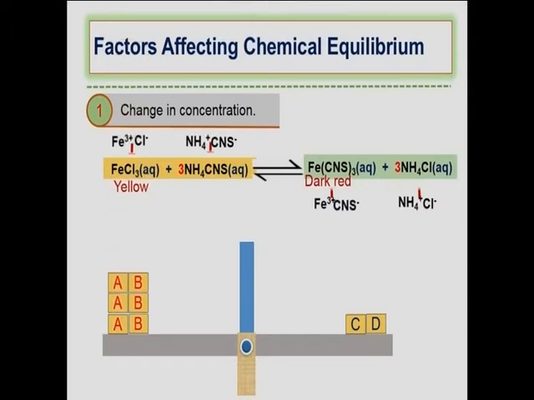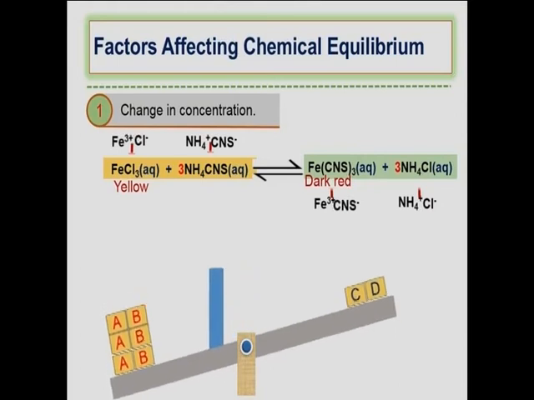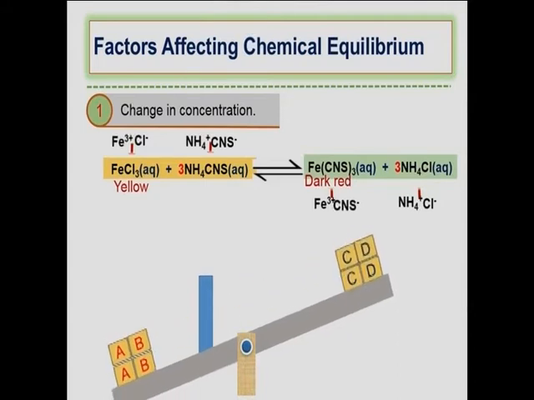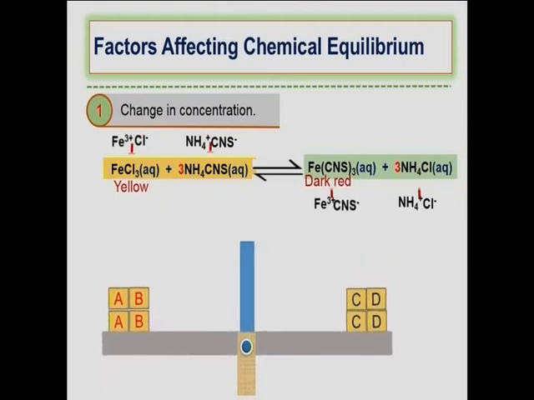What we have done there is we have increased the concentration of the reactant. So the equilibrium will be disturbed. Now the system is going to oppose the change by reestablishing the equilibrium. It will form some more product. Now it has attained the equilibrium. So a new equilibrium will be established. This is how the system opposes the stresses.